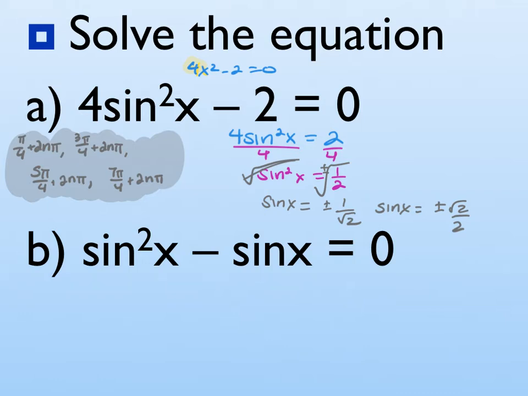Why is it all of the over 4s? Because it's plus and minus. But why the over 4s? Because that's where sine is root 2 over 2, right?